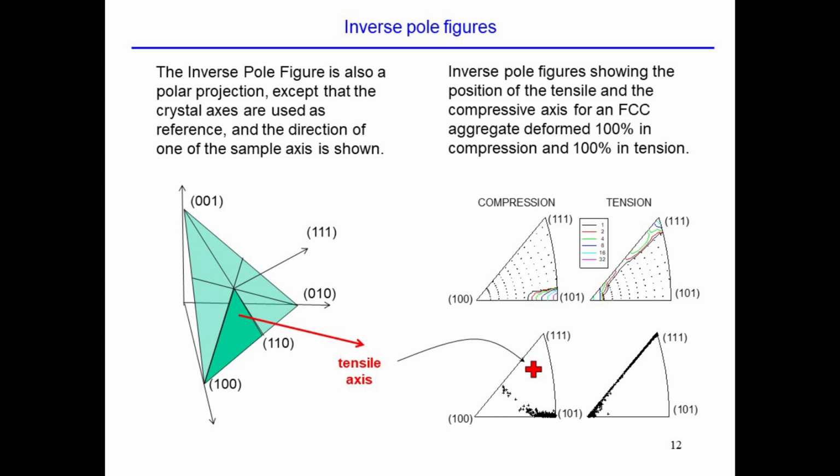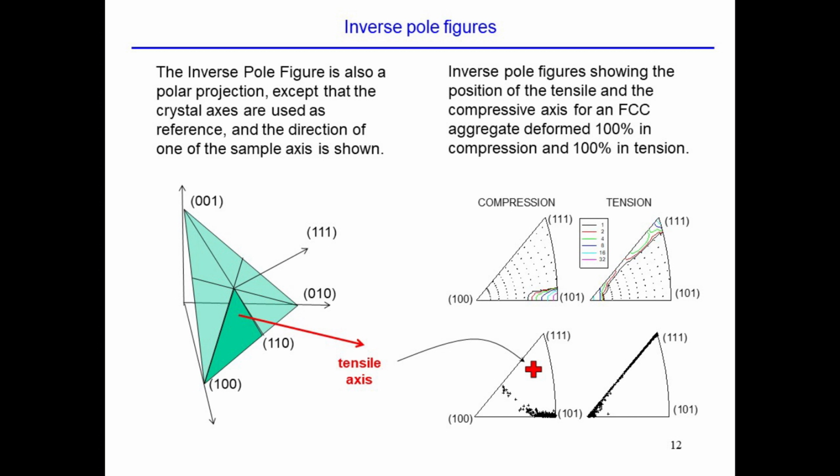In reality, what is happening is that the grains are reoriented so as to position themselves with the 101 direction aligned with the tensile axis. That is in compression. If you do tension, the tendency is for the grains to orient the 111 direction and the 100 direction with the tensile axis.